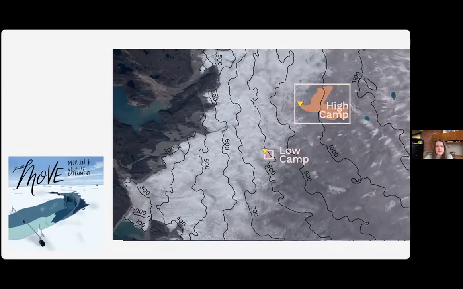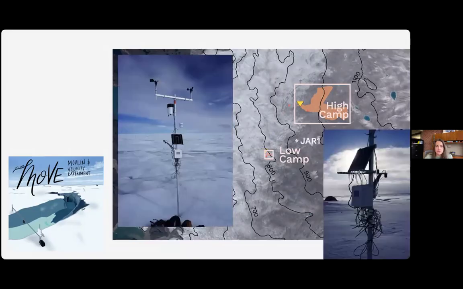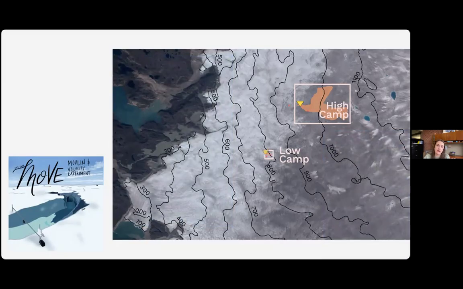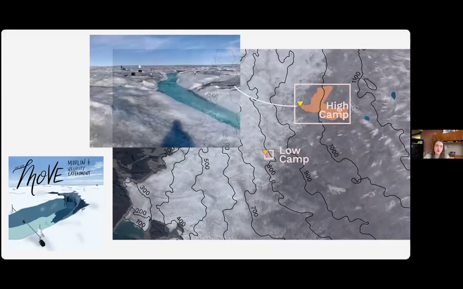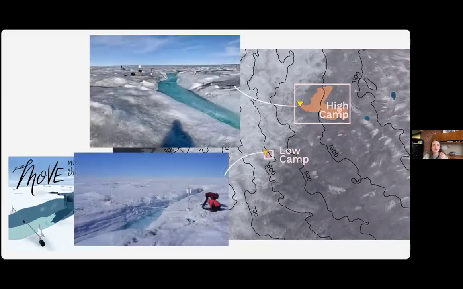At these two camps we identified a main catchment and installed several instruments. At each of these sites, we installed automatic weather stations to monitor the timing of peak melting or peak meltwater production across our study area. We then installed stream gauging stations over the highest order stream, the largest stream, right near the moulin.